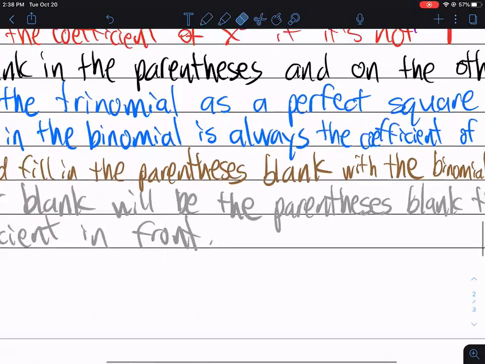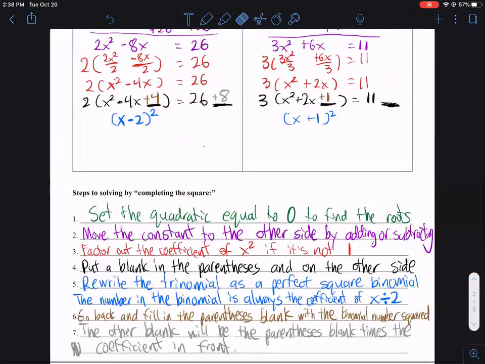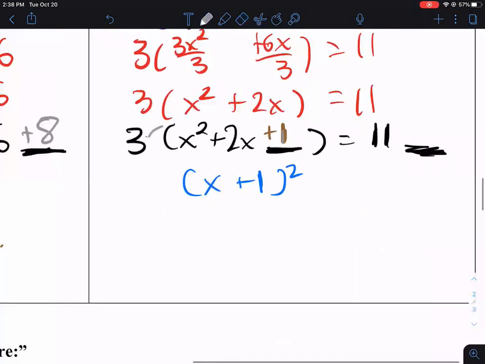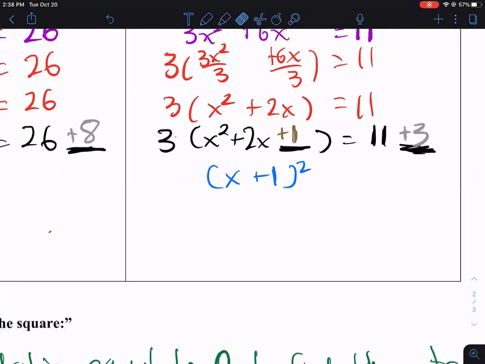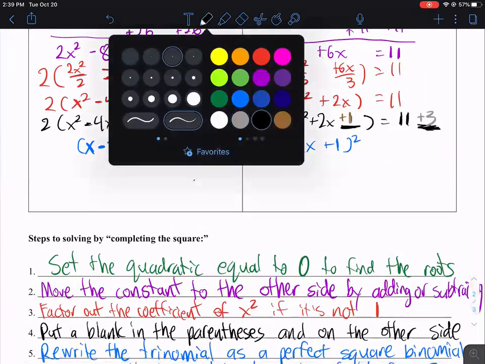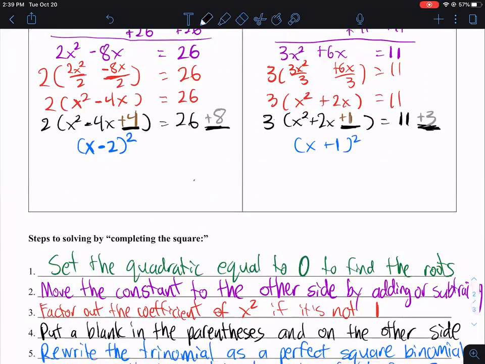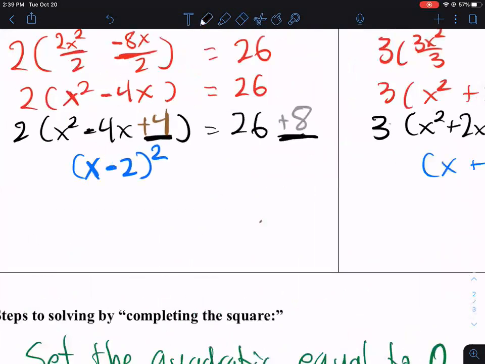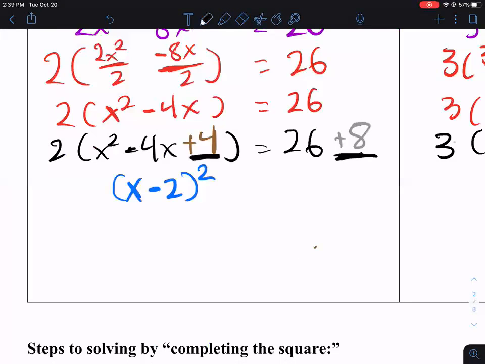Okay, so good. Those of you who I checked were able to see that this plus 1 is also affected by the 3 in front. So 3 times 1 means you actually added 3. Okay, and so now I'm not going to write this as a separate step below, but we need to keep everything from the rest of the problem, right?